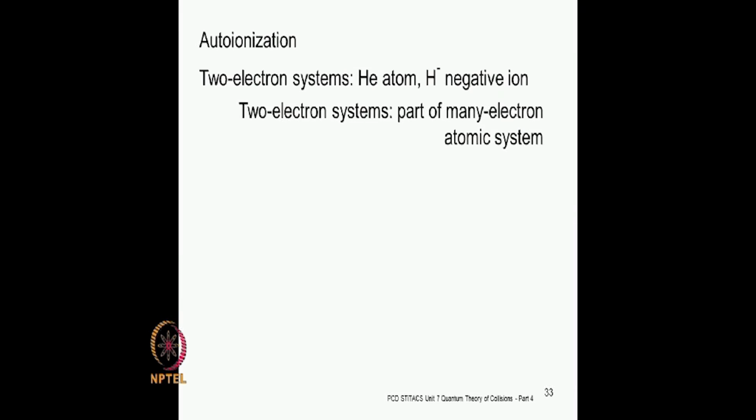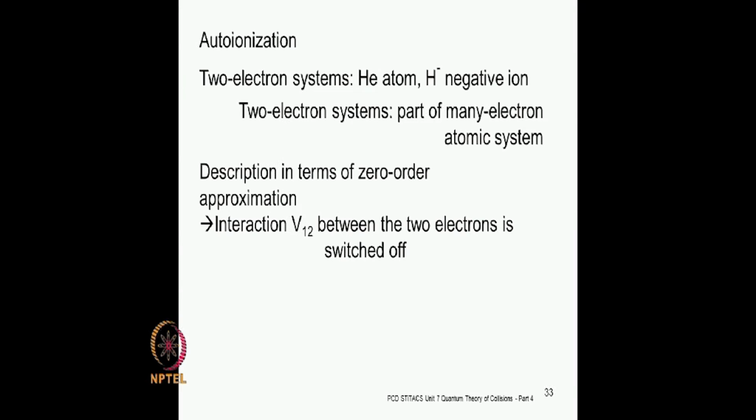These are the simplest examples of 2 electron systems, but a 2 electron system can be a subset of any many electron system, and you can analyze the atomic properties of many electron atoms in terms of the analysis for 2 electron systems.